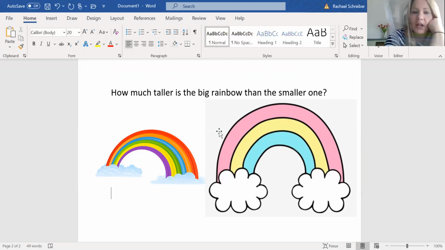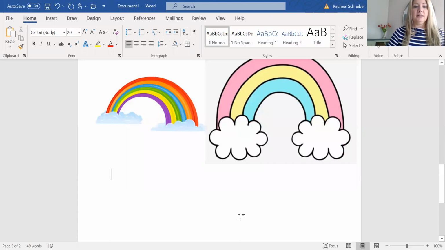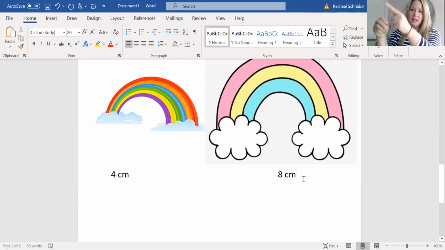So it looks like the shorter rainbow is about 4 centimeters tall, and the taller rainbow is about 8 centimeters tall. So the short one is 4, and the tall one was 8. And we should always be labeling these. So when I measured the height this way, that's what I got.